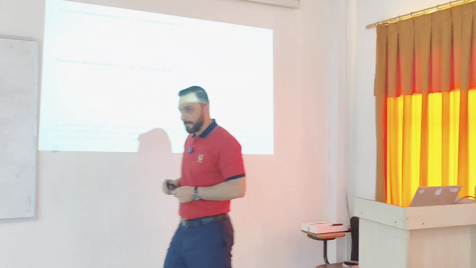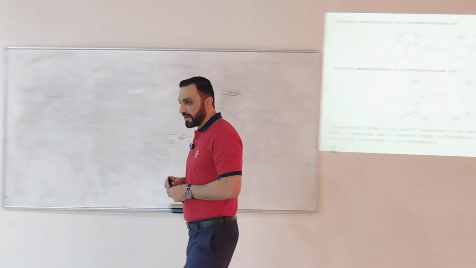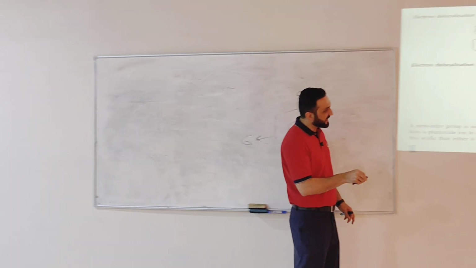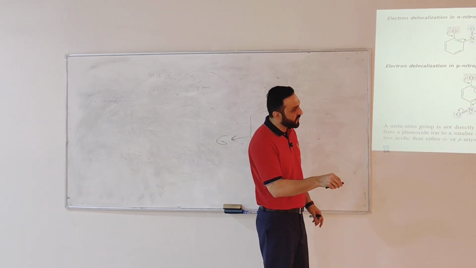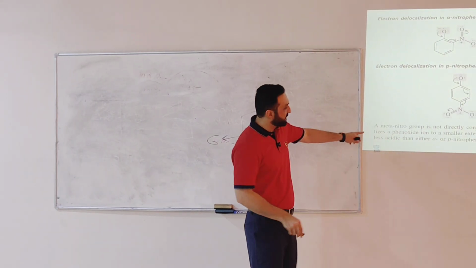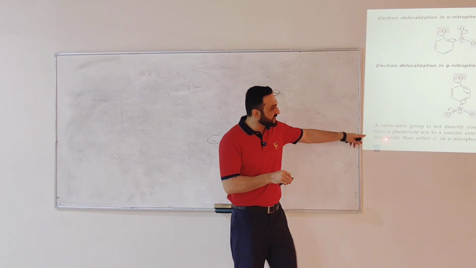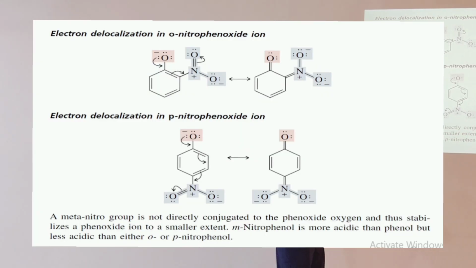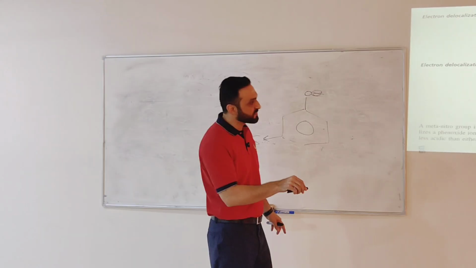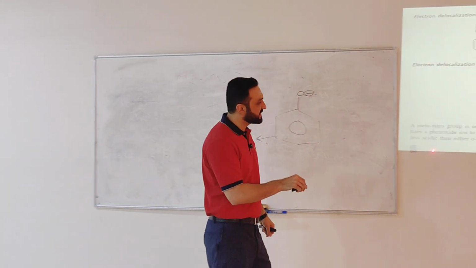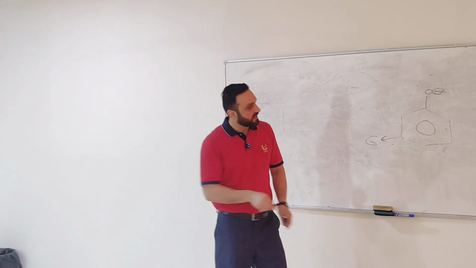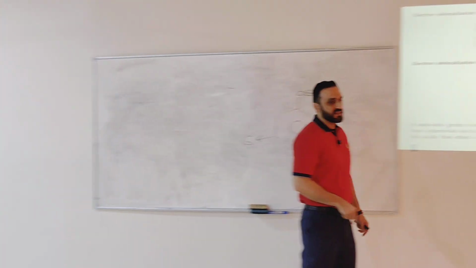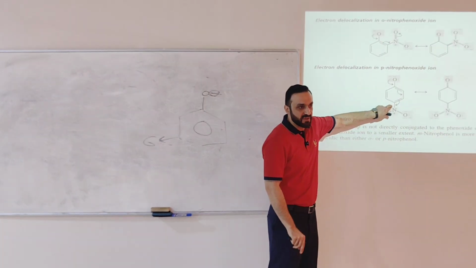Here is the answer: the meta nitro group is not directly conjugated to the phenoxide oxygen and thus stabilizes the phenoxide to a smaller extent. So meta nitrophenol is more acidic than phenol, but less acidic than ortho and para nitrophenol, because of the resonance effect on the stability of the conjugate base.